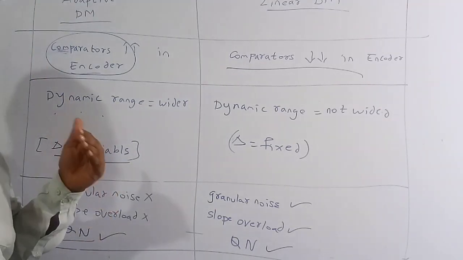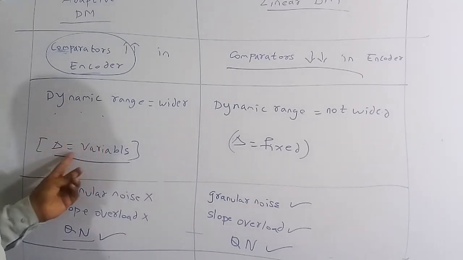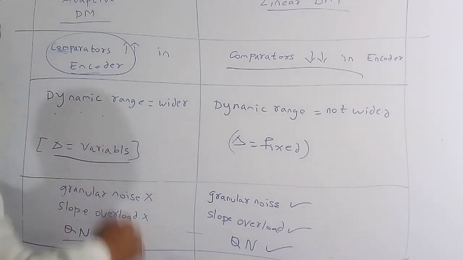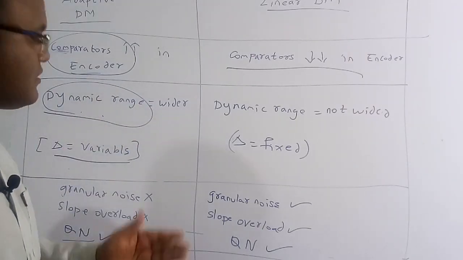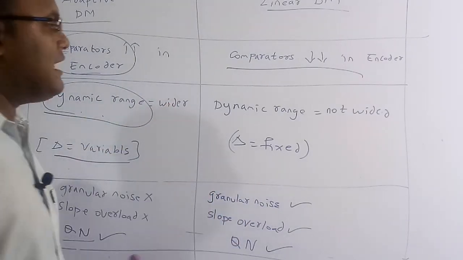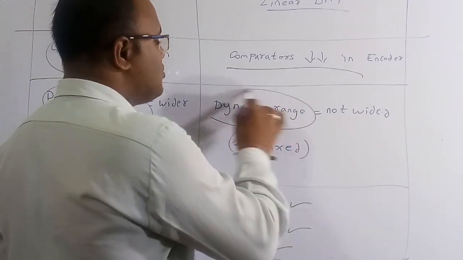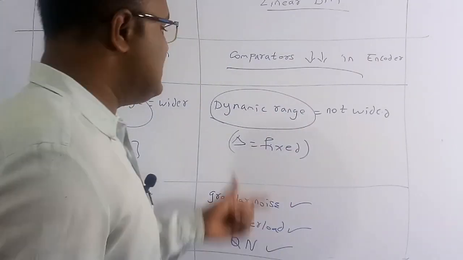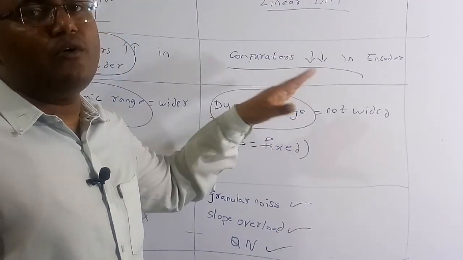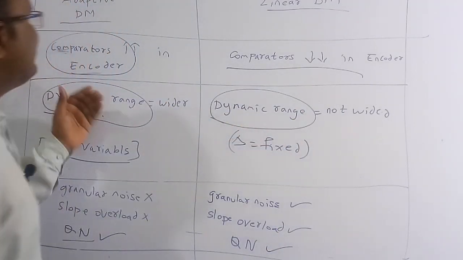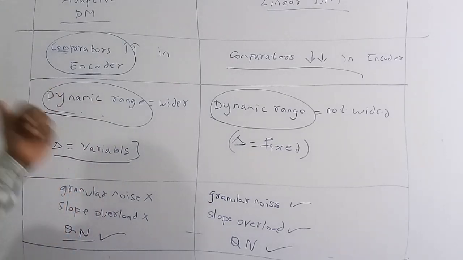If the message signals vary, then delta also varies. So we can consider there is a highly dynamic range. The dynamic range is very wide because delta can be variable, whereas the dynamic range is very small because for each and every message signal delta is a fixed value. So we can conclude that the dynamic range of the delta modulation is very less when compared to the dynamic range of the adaptive delta modulation.